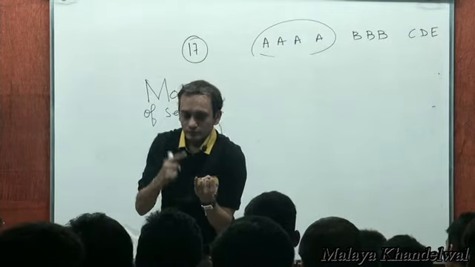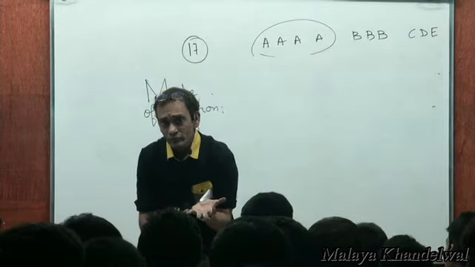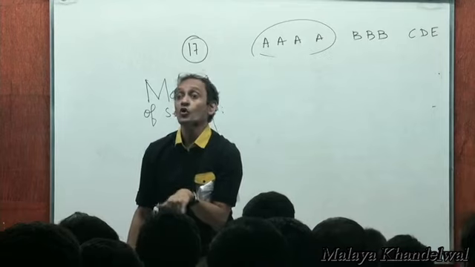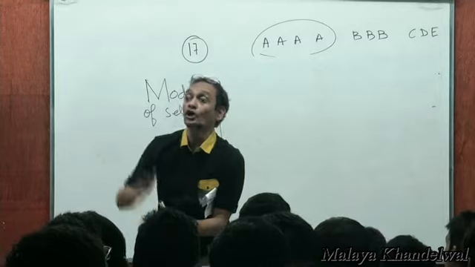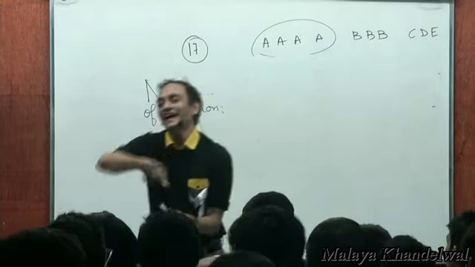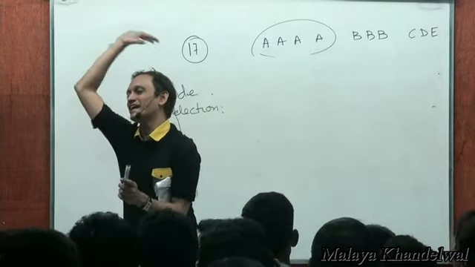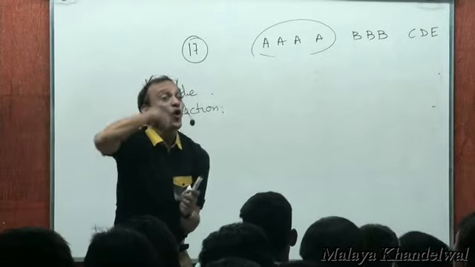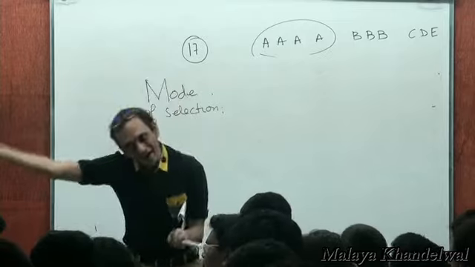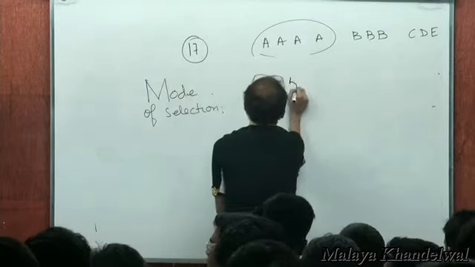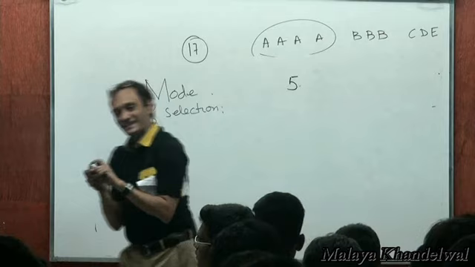Either I select 1 A, or I select 2 A's, or 3 A's, or 4 A's, or none. How many ways can I deal with A's? 5 ways. Select 1 A, or 2 A's, or 3 A's, or 4 A's, or no A. So 5 ways I can deal with A's.